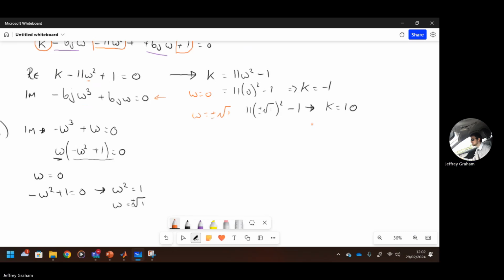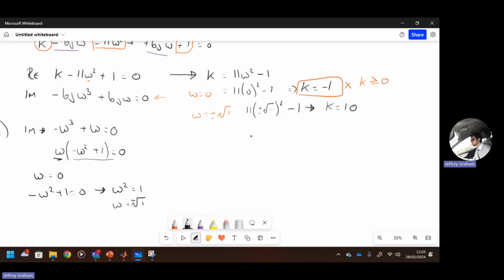Right. Our first value doesn't exist. K has to be equal to or greater than 0. You can't have any negative gain, so that discounts.